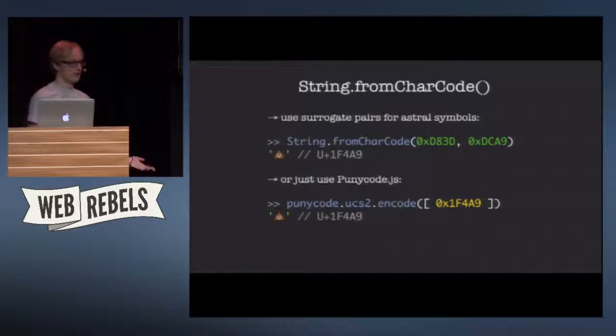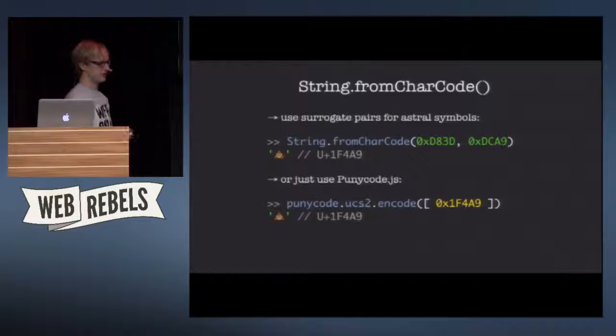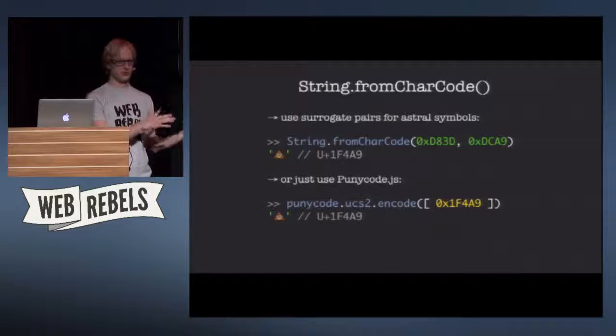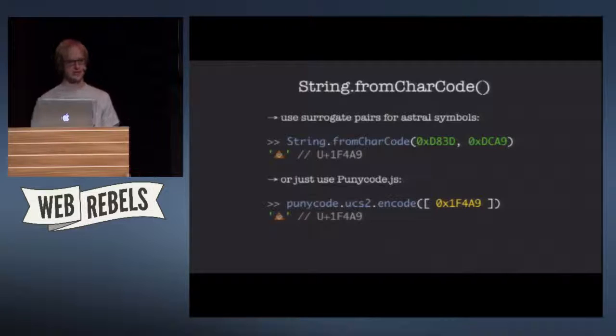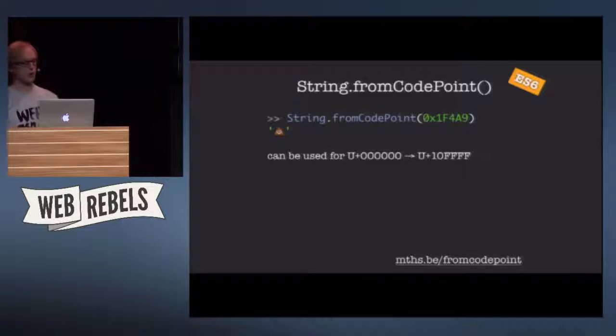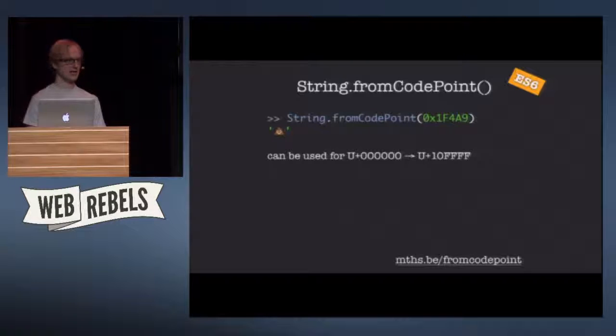But again, this is probably not something you want, because now you introduced a dependency just to turn a code point into a string. It should probably not be this hard. And luckily in ES6, it isn't that hard. You can just use String.fromCodePoint, which is essentially just like String.fromCharCode, except it actually works for any code point, including astral code points.